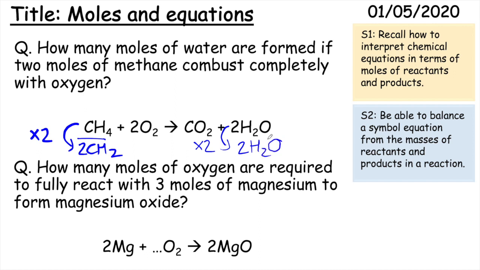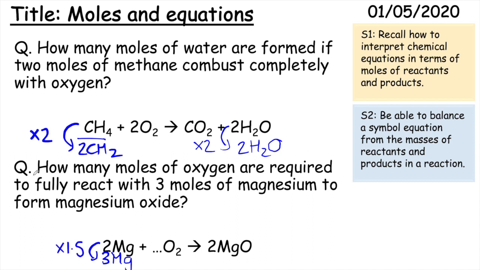Now the second one says, how many moles of oxygen are required to fully react 3 moles of magnesium to form magnesium oxide? Now this one's a little more complicated. We're not just doubling the amount of magnesium, we're actually going from 2 moles to 3 moles. And that's a change of 1.5. It's effectively saying you're timesing by 1.5.